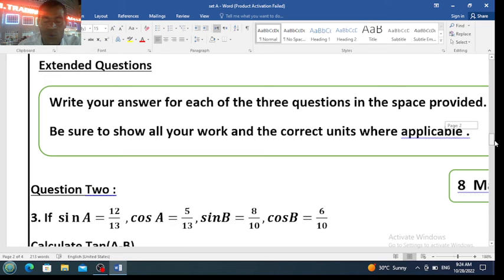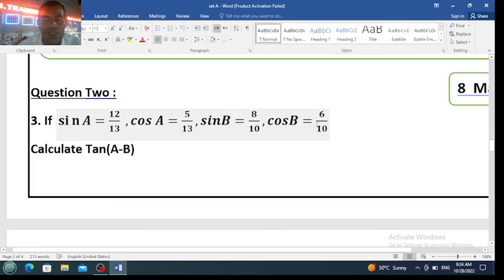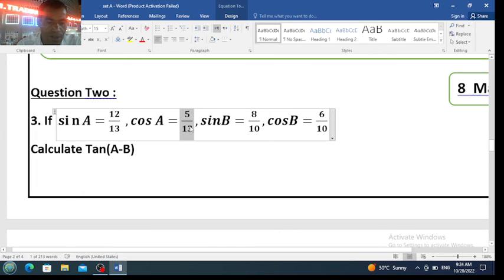Sine A equals 12 over 13, cosine A 5 over 13, sine B 8 over 10, cosine B is 6 over 10. Calculate the tangent of A minus B. Therefore, learners, I will use the formula.